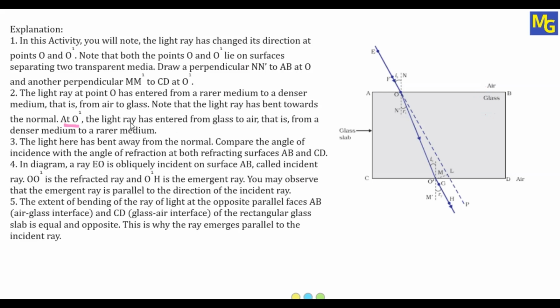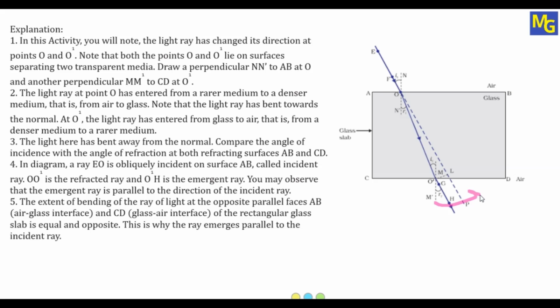At O dash, the light ray has entered from glass to air, that is from denser medium to rarer medium. So see that. Now see here for O dash, the light ray is coming from the glass medium, that is the denser medium, and entering the air medium, it is bending away from the normal. This is towards the normal, and here if you focus, it is coming straight and it is going like this.